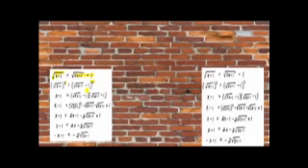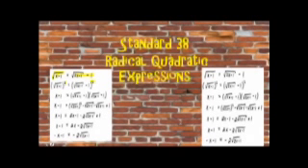What's this all about? What do you know about this one? Guys, you're too smart for me. Standard 38: radical quadratic expressions. So that's what Mr. Yin and I will cover today.